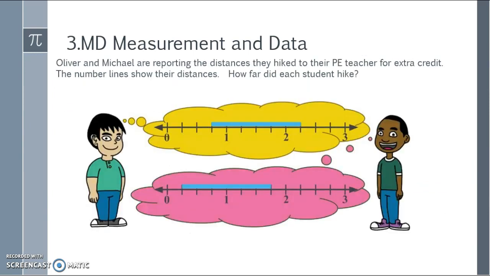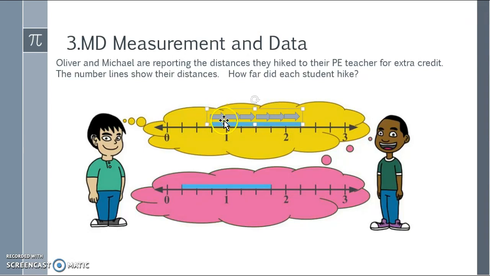Oliver and Michael are reporting the distances they hiked to their PE teacher for extra credit. The number line shows their distances. How far did each student hike? Again, I see that each mile is broken into 1/4, 2/4, 3/4. So let's say this is Oliver here.